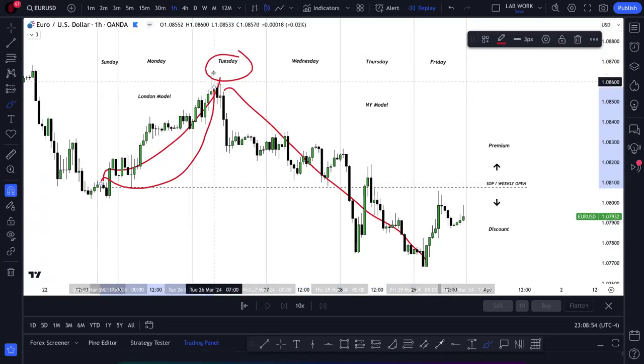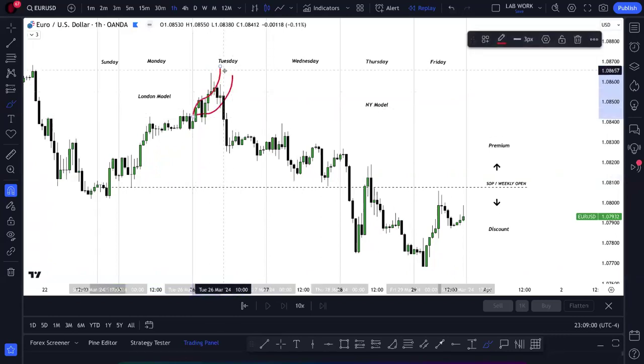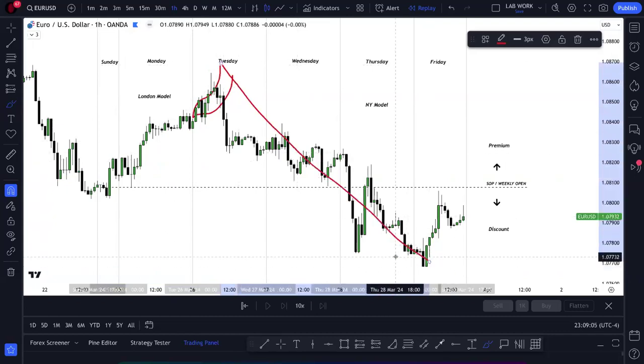And a lot of traders, we could take an educated guess, were chasing price probably along the lines here. And then price went short and distributed very heavily into Friday. But notice it does it where? In a premium. So the ideal sell condition landed on a Tuesday and in a premium territory.